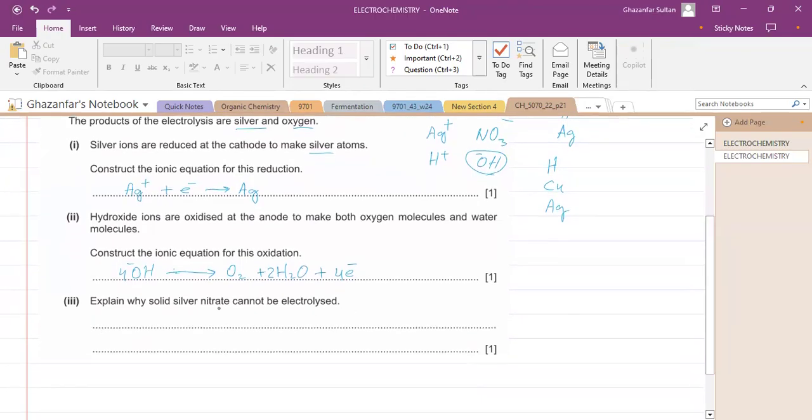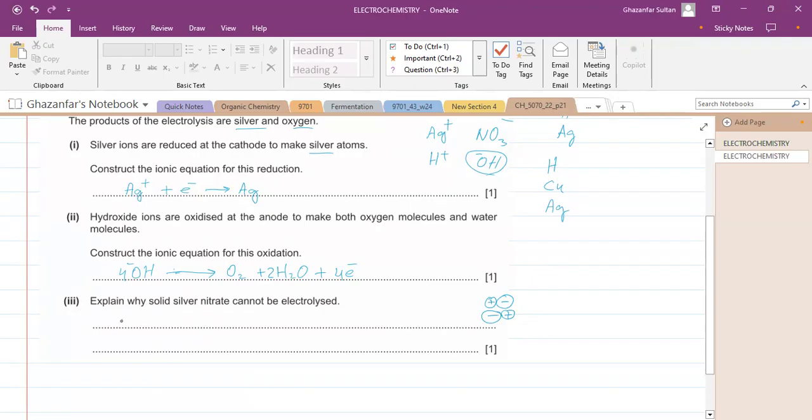Explain why solid silver nitrate cannot be electrolyzed. As in solid state, positive and negative ions are intact and cannot be moved. So that's why solid silver nitrate or any solid ionic compound cannot be electrolyzed, or they cannot conduct electricity.